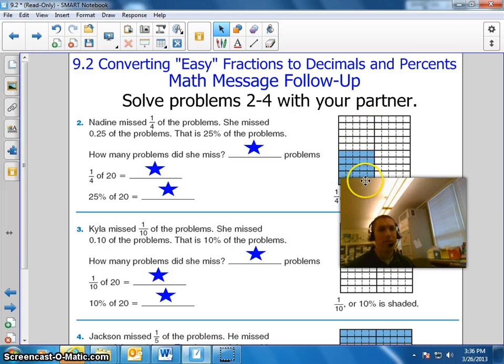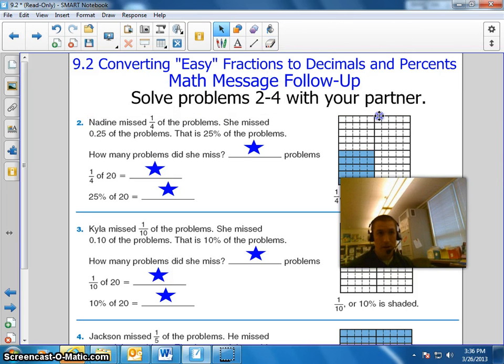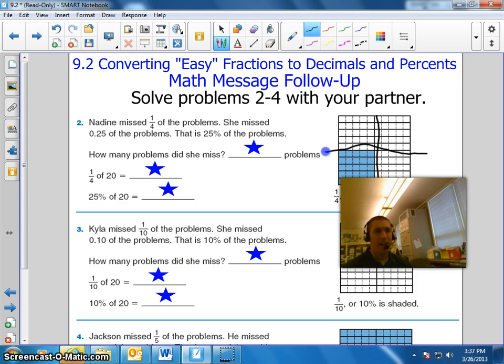You can also see, if you look at the big lines, we have it cut into 4 parts, so 1/4 of it was shaded in. 1/4 of 100 is 25.